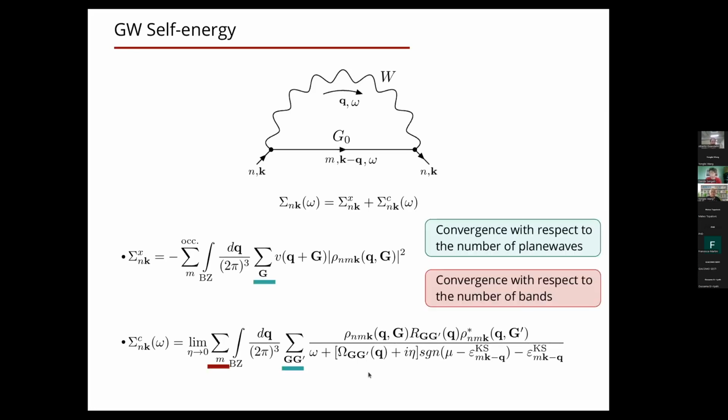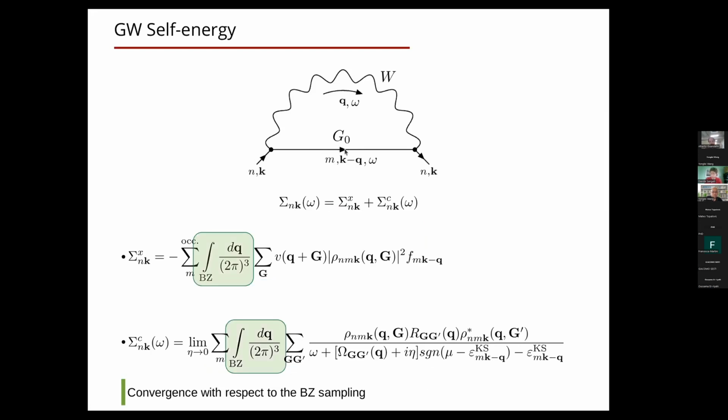So again, we have summations over reciprocal lattice vectors, which should be converged with respect to a cutoff, and a sum over bands here which represents the bands of the intermediate state, which should be converged with respect to the number of bands. And this represents the fact that we are considering only a finite number of channels of this intermediate state.